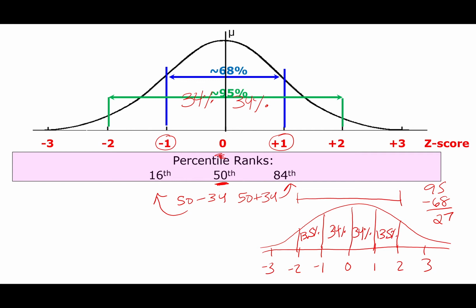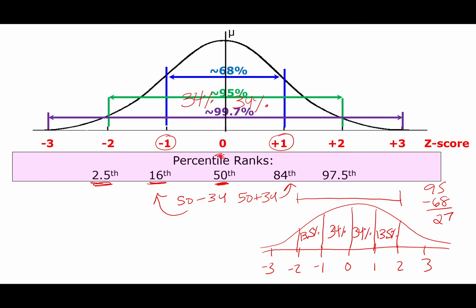So if I want to go down my percentile, that means from the 16, I'm going to subtract 13.5%, which will give me 2.5 percentile. And then way up at the top, we would add the 13.5. And then if we repeat the same process, now I have 0.15 and 99.85.